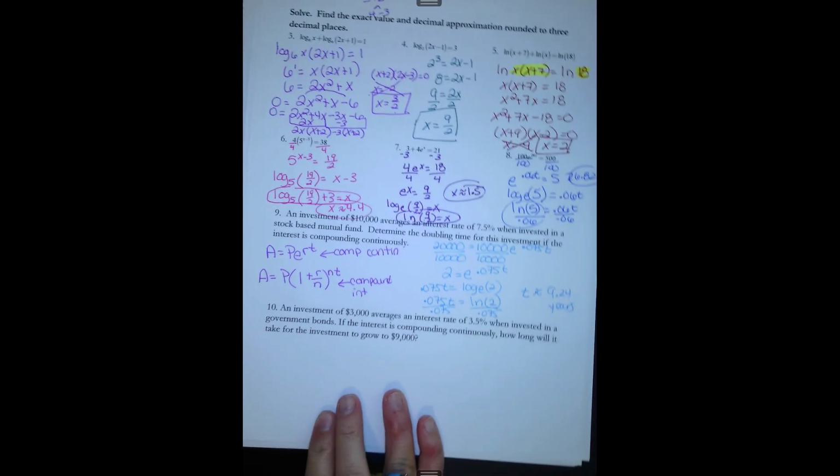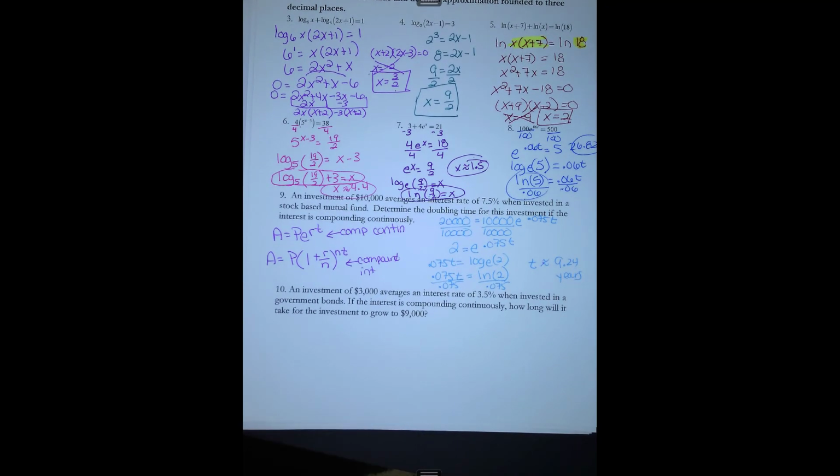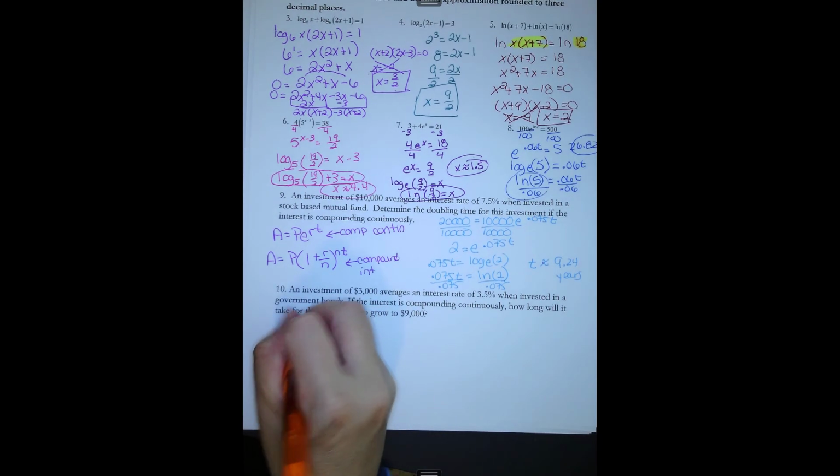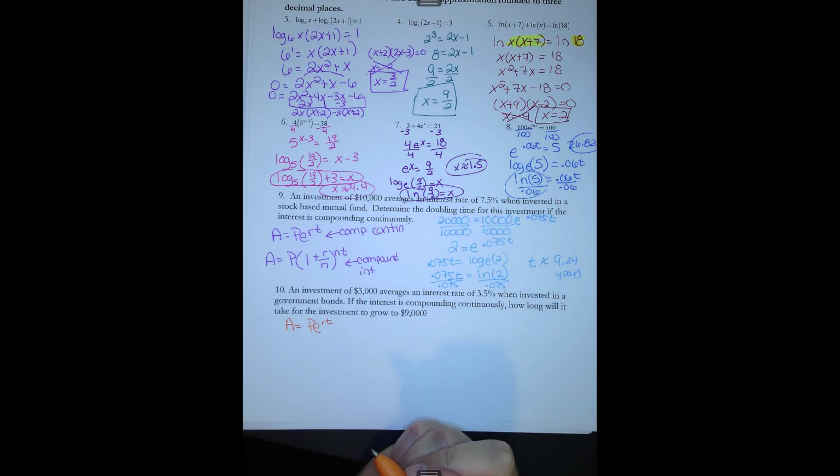Then our next one says an investment of $3,000 averages an interest rate of 3.5% when invested in government bonds. If the interest is compounded continuously, so that is that PERT again, how long will it take for our investment to grow to $9,000? So now we have that PERT, and now we have an ending amount.